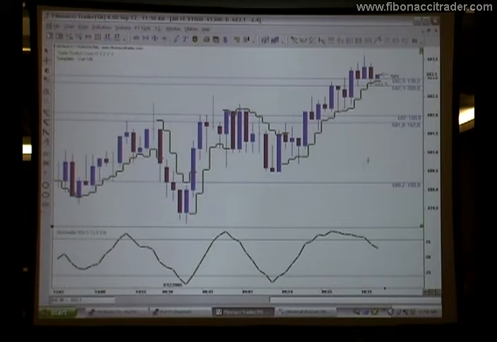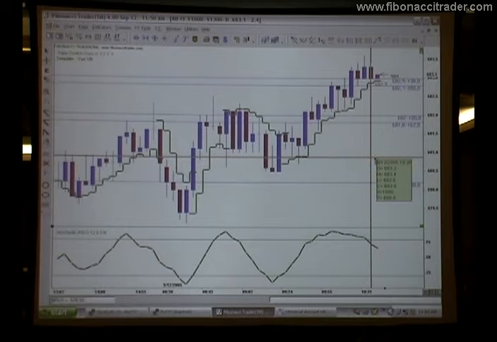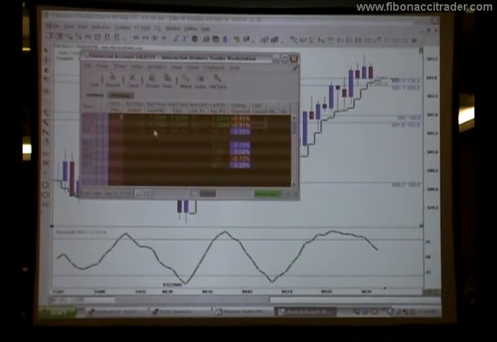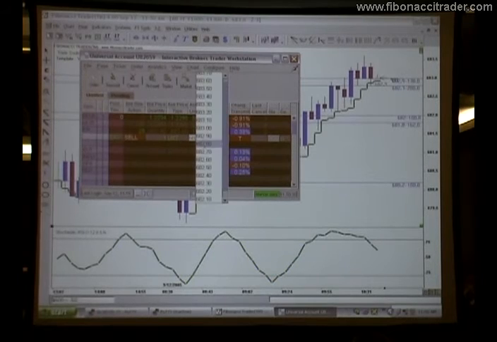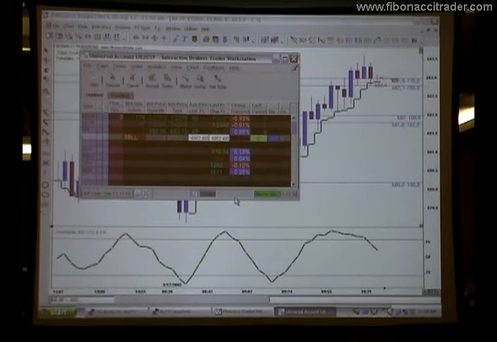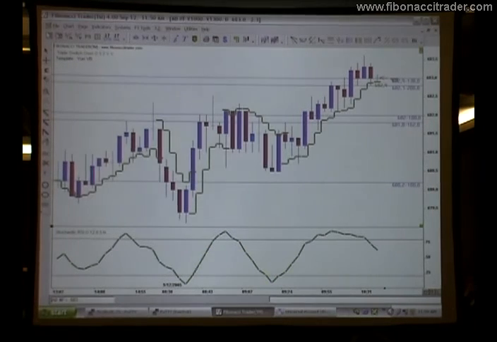Let me just verify I'm not doing something stupid. Yeah, 682.60 is fine. So we're going to place a sell stop in here at 682.60, and it just accepted it, so we're clear right now.